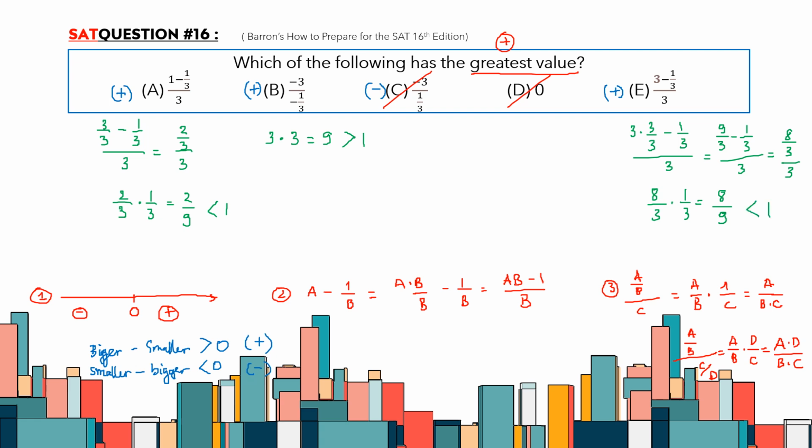So as long as A and E are not greater than B, B is the greatest number, and we don't have to compare A and E. Even if we wanted to compare them, with the same denominator we only compare the numerators. Which one is bigger is bigger. So in this case, 8 over 9 is greater than 2 over 9. But in this question, we only need to find the greatest number, and 9 is the whole number, the greatest number in this case. So B is the right answer.